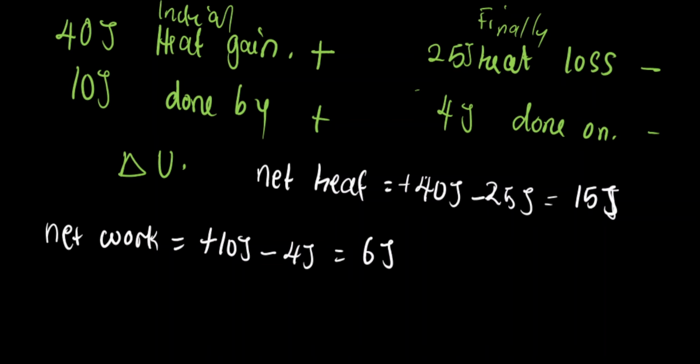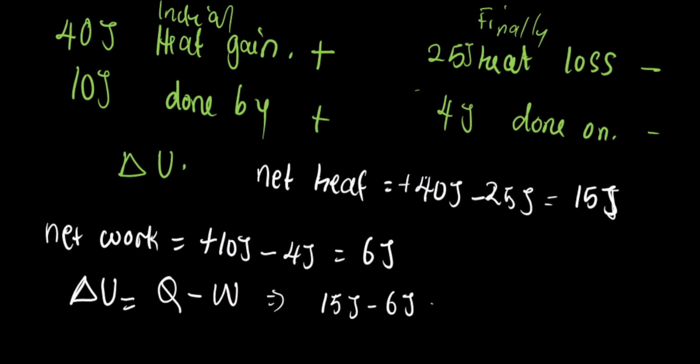So we have 15 joules of heat transfer and 6 joules of work done. Coming down to the change in internal energy, which is equal to Q minus W, we have 15 joules minus 6 joules, which is equal to 9 joules of change in internal energy. This is one way to solve the question.